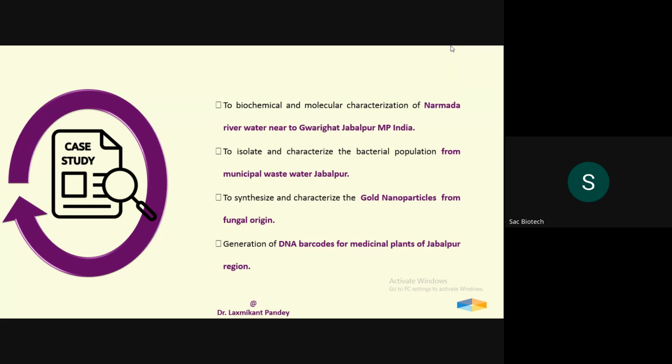As I mentioned, one very good example of project work is to identify the molecular characteristics of the river near Ghazi-Ghat, Jabalpur. Second is to isolate and characterize the bacterial population from the municipal wastewater of Jabalpur. By doing this project work, the students can understand what microorganisms are present in the wastewater population.